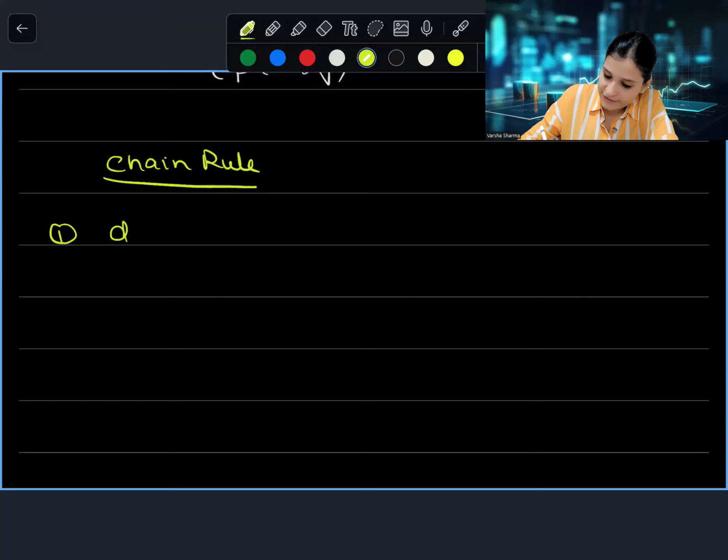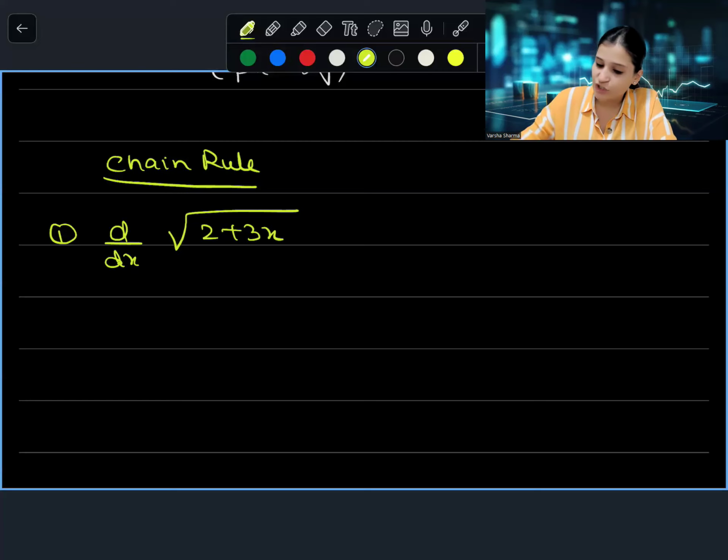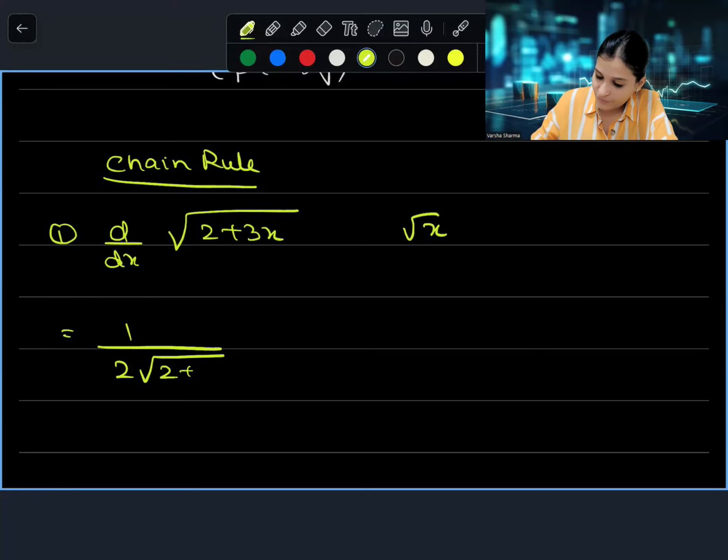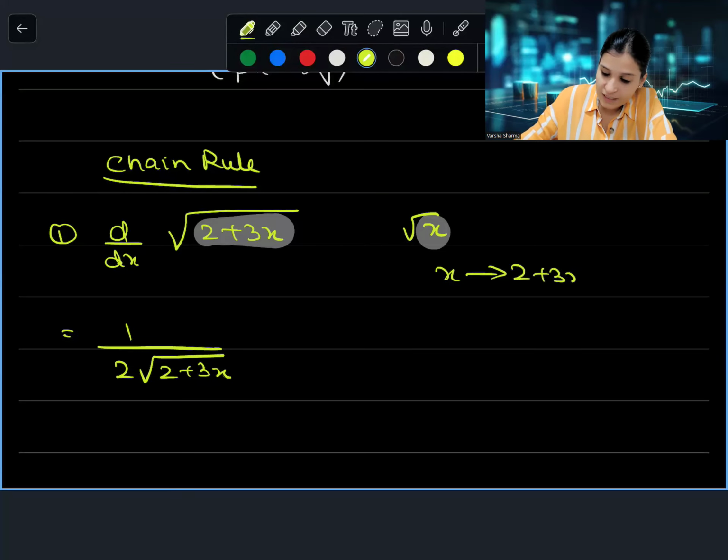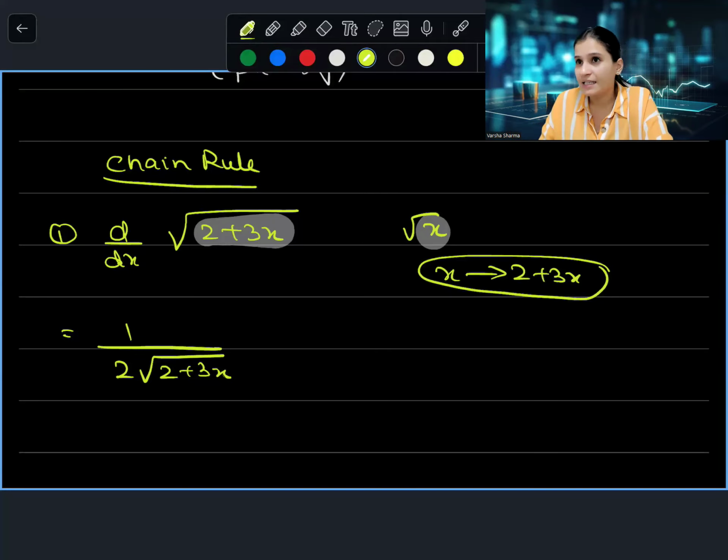But instead of root x, if I give you under root 2 plus 3x, I'll treat this question as root x. So the formula is 1 by 2 root x. But in the question, there is no x. Inside the root, the place of the x is being replaced by 2 plus 3x. So chain rule says, first apply the same formula. Now you need to give some importance to the fact that the value x was replaced with some other expression.